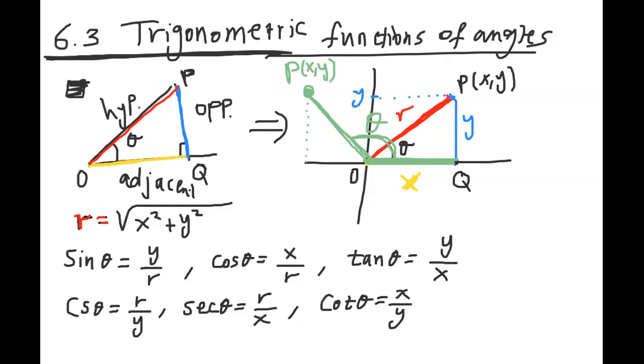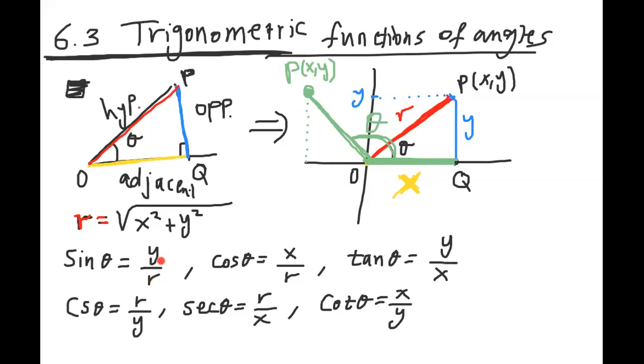We open the angle from the initial x-axis to the point B. B in the second quadrant contains X and Y. The X here is negative in the second quadrant and the Y is positive. That means the sine of theta is Y over R.